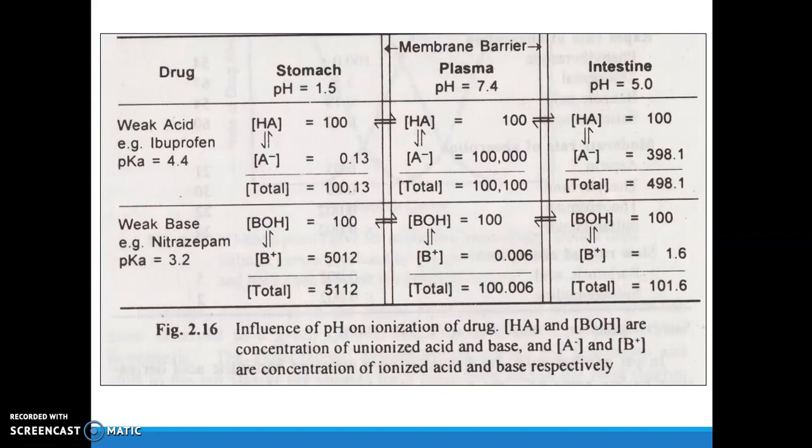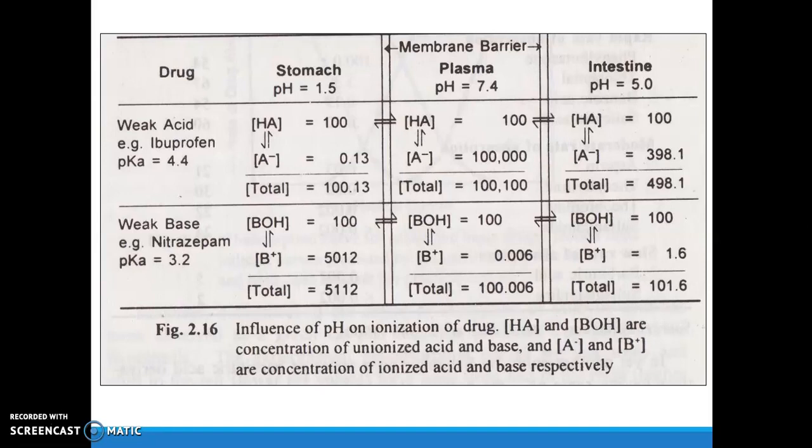So the example of ibuprofen, whose dissociation constant value is 4.4, we have discussed these two examples in the dissociation constant. You can see here the ibuprofen at the stomach pH, the unionized form is limited. At the plasma where pH is 7.4, ionization is more. At the intestinal pH, the ionization is moderate at pH 5.